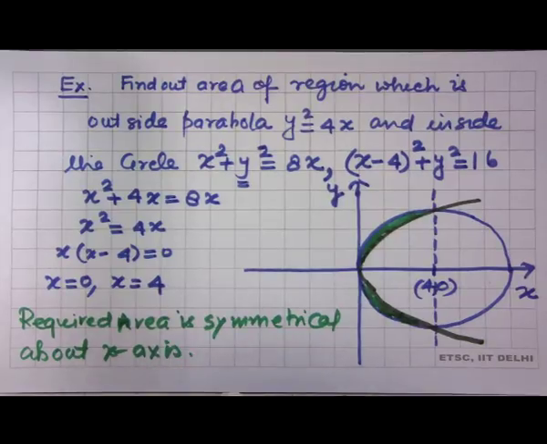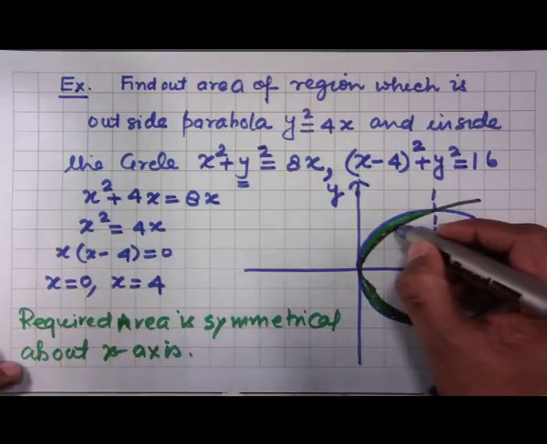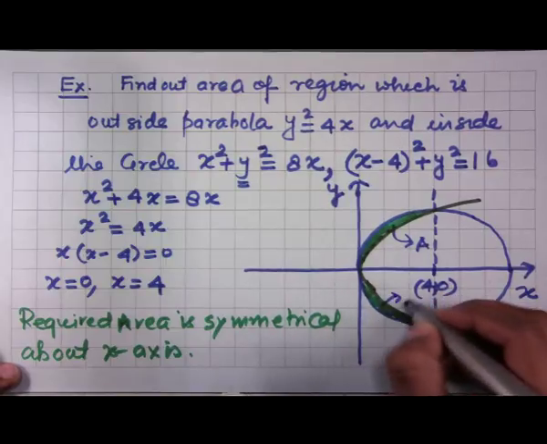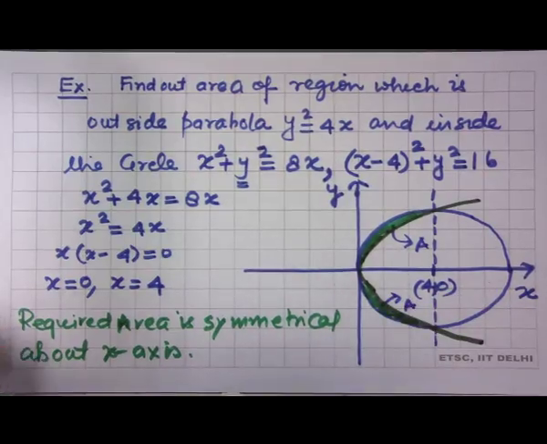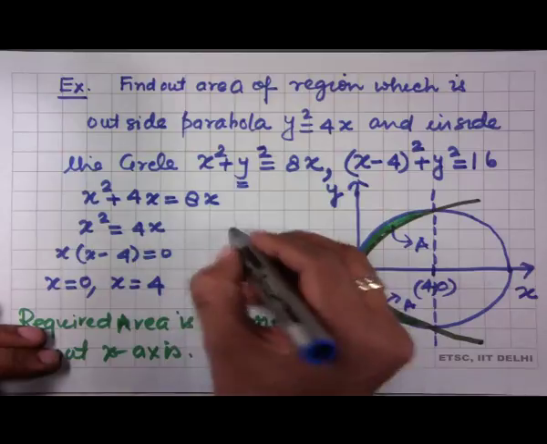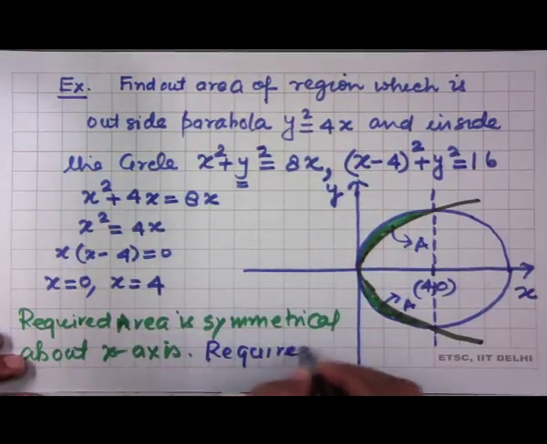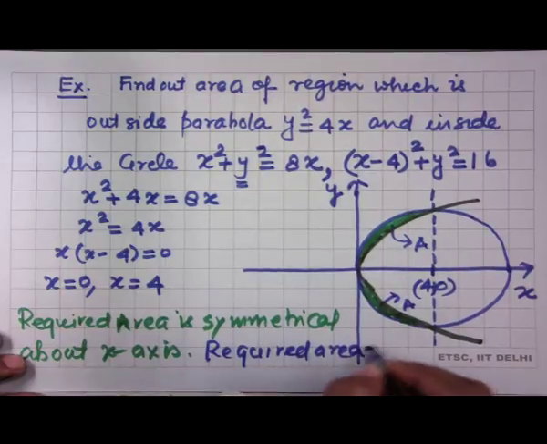So, required area will be, if say this area is A, so this area will also be A. Required area is twice of A.